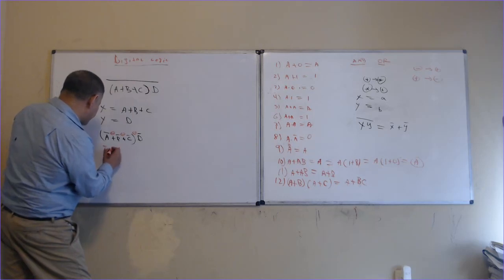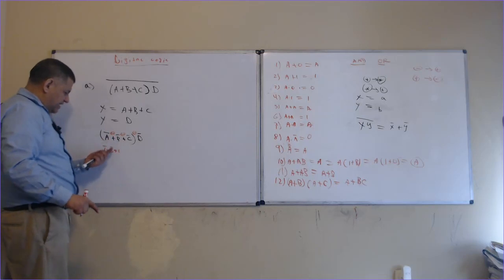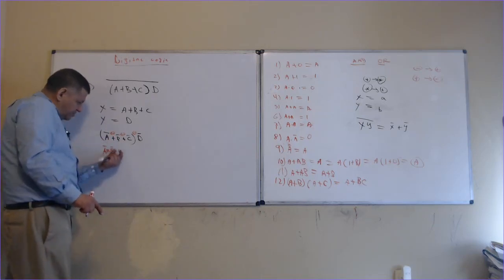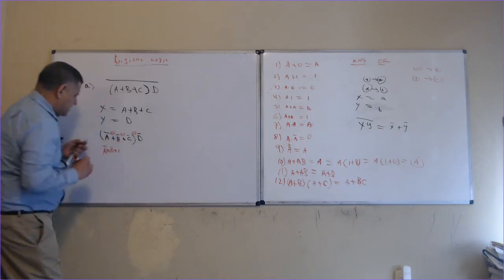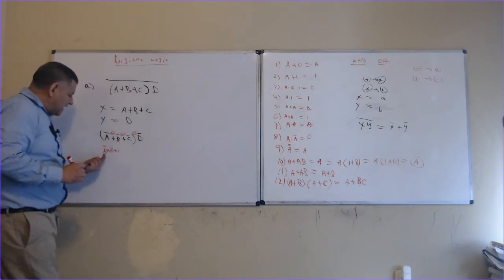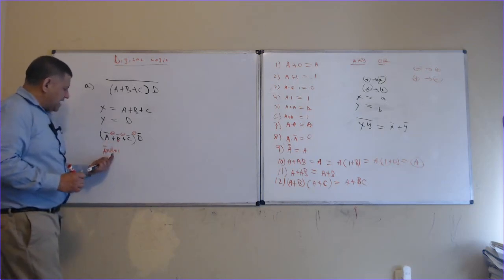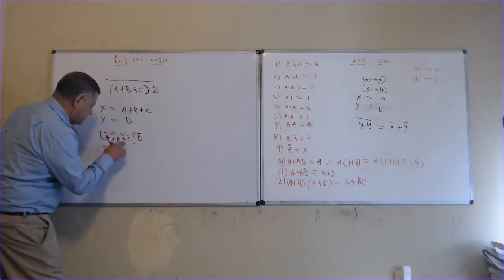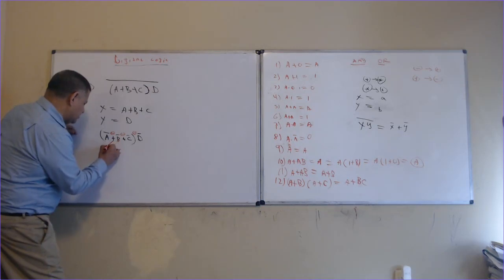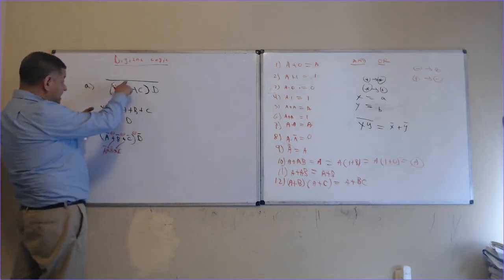A and B, right? Okay, so notice that I'm keeping the bars, but over here I'm changing in the middle. So I'm changing A plus B to A and B, or A or B to A and B, and C, and C. So that is equal to this, and that is equal to that, because from the beginning I started with that.